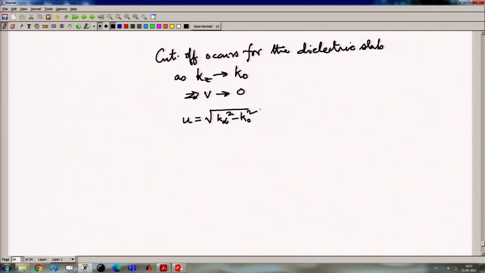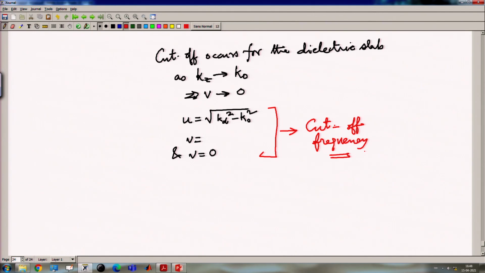Because k z is tending to k 0, look at equation 7: u will be equal to root of k d square minus k 0 square, and v equal to 0. So, this constitutes the cutoff frequency of the dielectric slab guide.